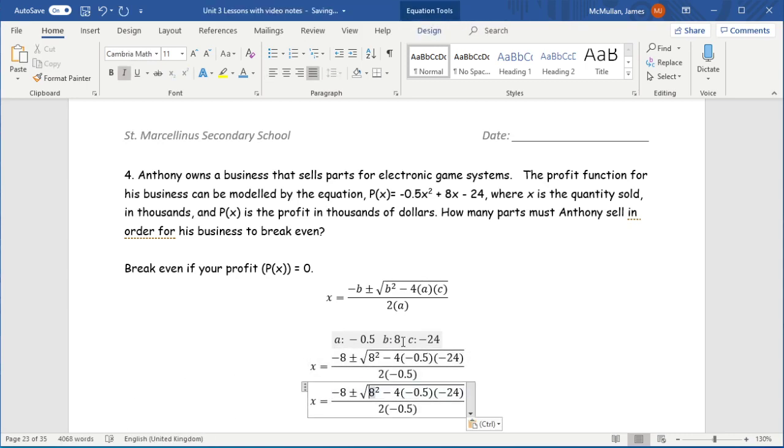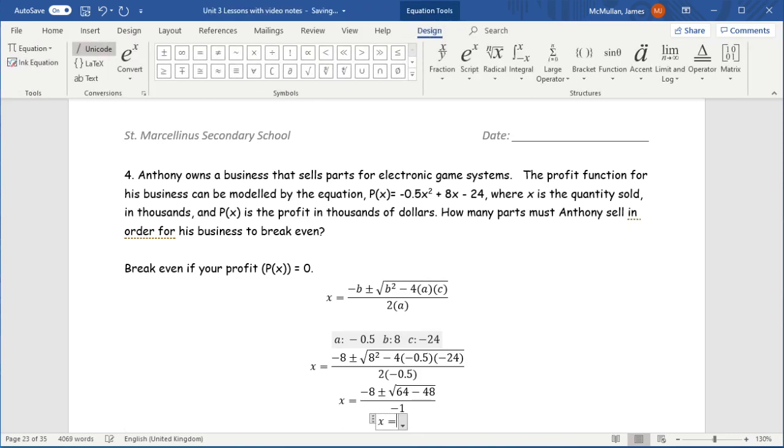So 8 squared is 64. Negative 4 times negative 0.5 is equal to positive 2 times negative 24 again. All of this goes down to negative 48. On the bottom, we have 2 times negative a half, which is negative 1.